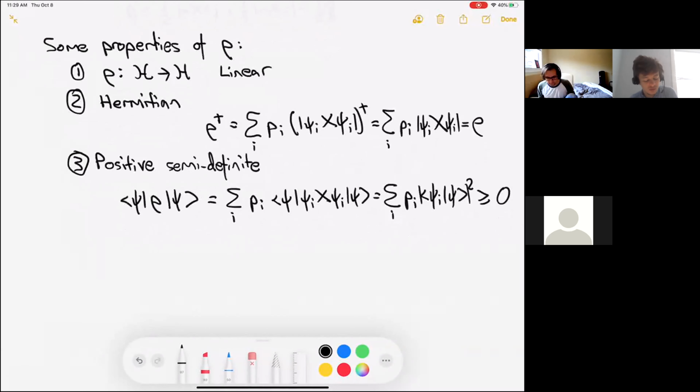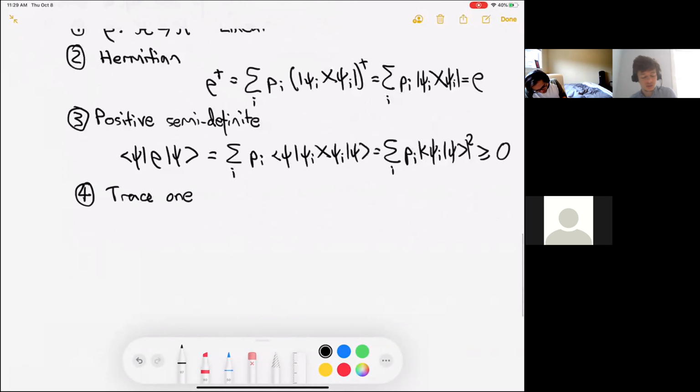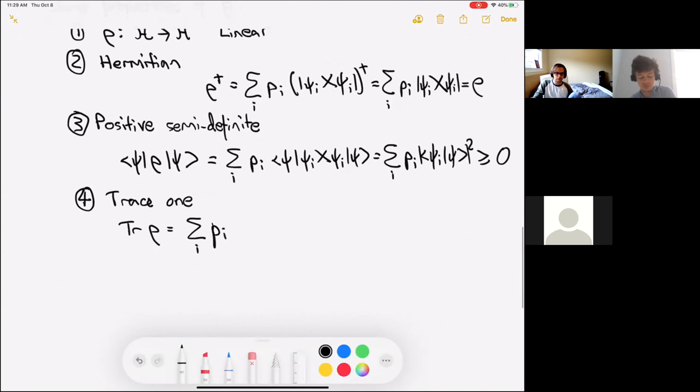And the final property of rho that we're going to care about is that it has trace 1. So let's see that explicitly. The trace of rho is the sum over i of p_i times the trace of |psi_i><psi_i|, which is just equal to <psi_i|psi_i>.